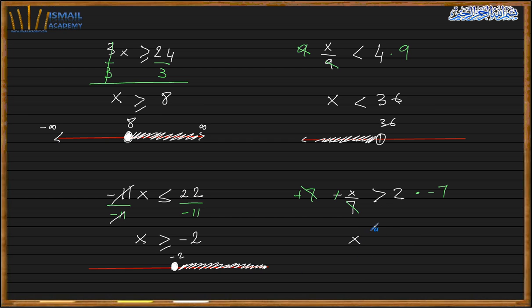When we multiply by a negative number, the sign flips, and here will be minus 14. So in my number line, this is minus 14, not included because it's strictly less. Now x is less than minus 14, that means it's on the left side, so I will shade the left side.